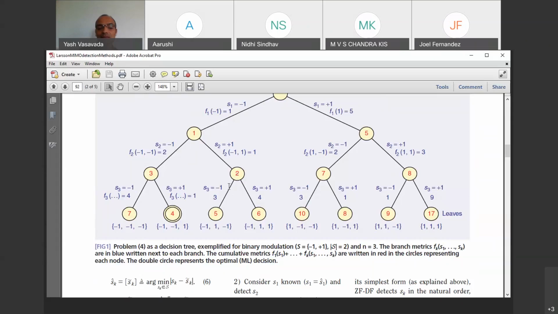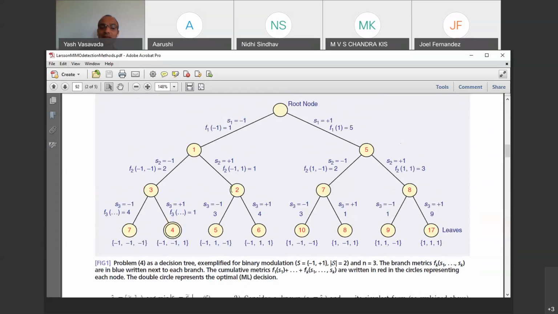So what will be the answer? So like L times S1, L corresponding to S1 times S1 plus L corresponding to S2 times S2. No. I'm saying, look at, I'm showing you this decision tree.